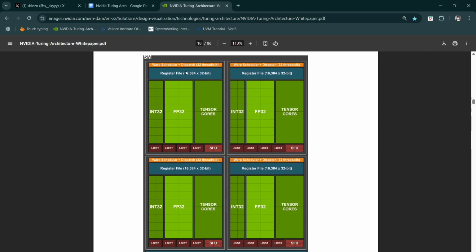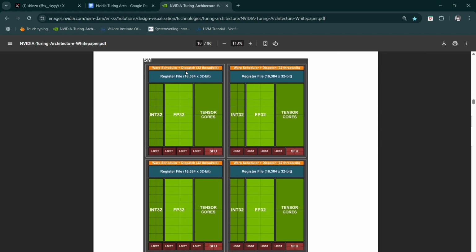So this is one streaming multiprocessor unit. It has integer 32 cores, floating point 32 cores, tensor cores, then load store units and special function units. Inside one SM, you have 4 processing blocks for this architecture, and in one processing block you have one register file, one warp scheduler plus dispatch unit, an int core, floating point core, tensor core, load store unit, and then SFU.